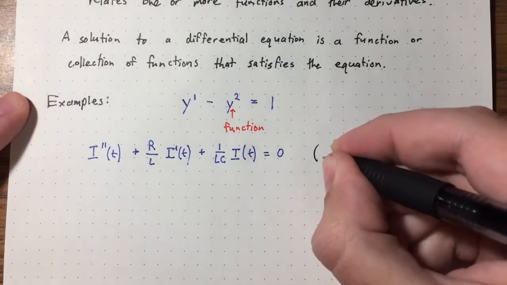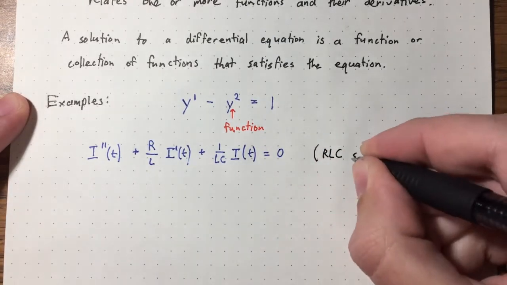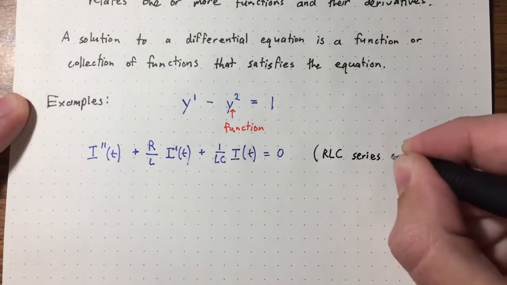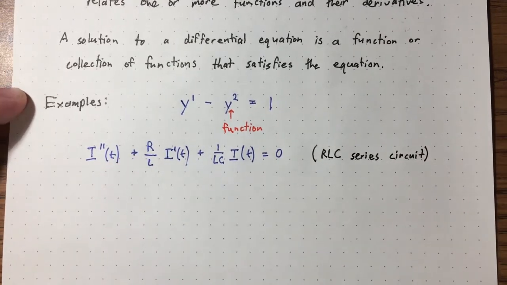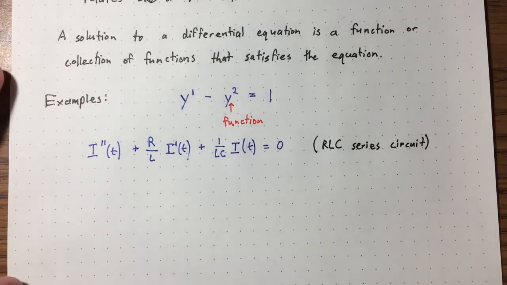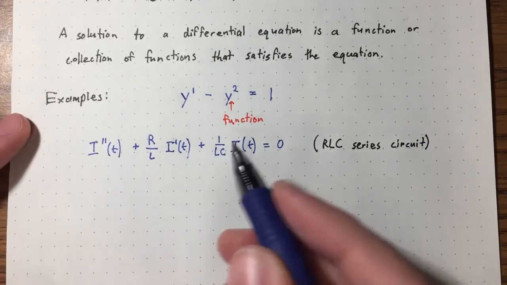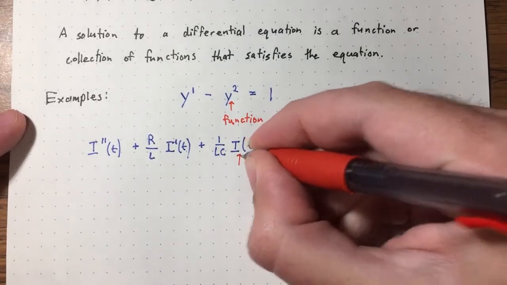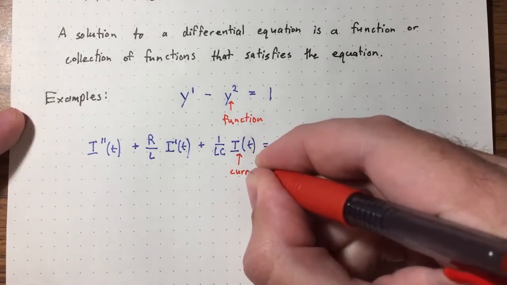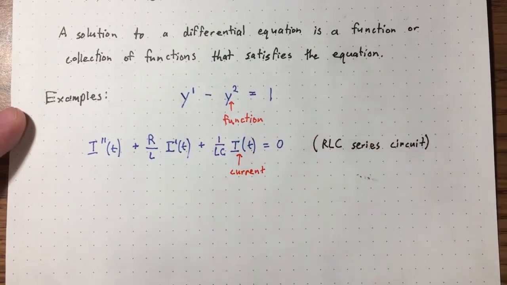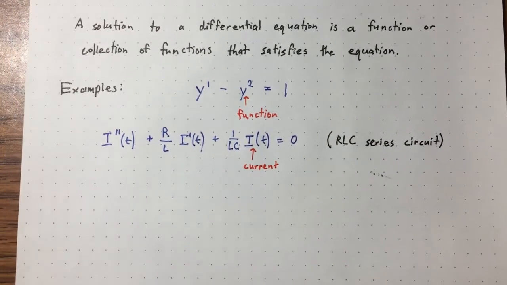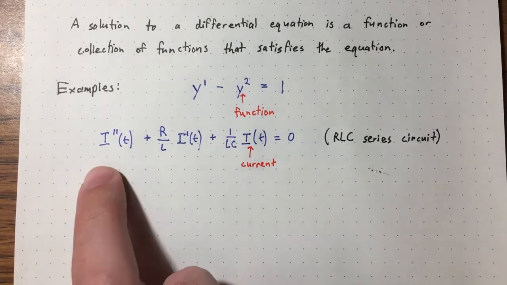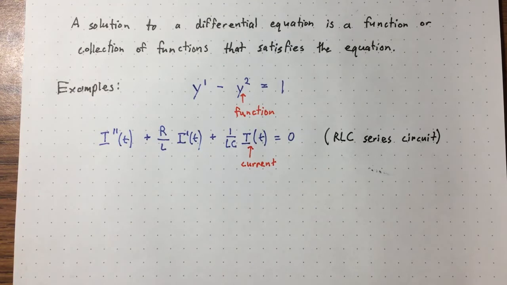This is the equation for an RLC circuit, an RLC series circuit in particular. Here R, L, and C are constants, and they just depend on the circuit. And I right here is the current function. So this describes the current in the circuit at any time. This differential equation gives a relationship between the current, its first derivative, and its second derivative. And we're going to solve this differential equation in the second part of the course.